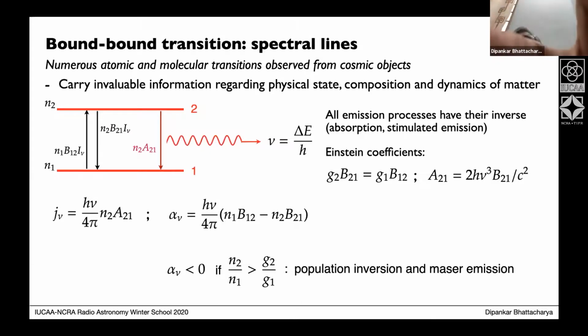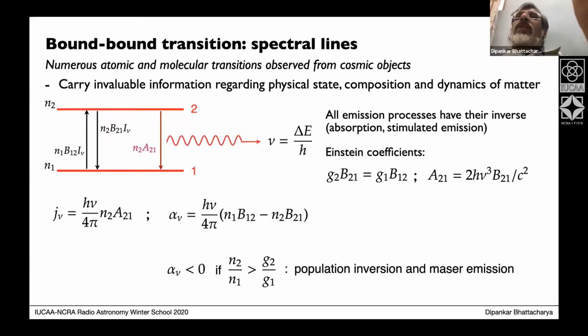The number of such occurrences per unit time will be N1, the population per unit volume in state 1, times B12, the probability, times I nu, the incident intensity. So N1 B12 I nu is the rate at which the upper state will be populated from the lower state because of the incident radiation. This results in absorption of the incident radiation.